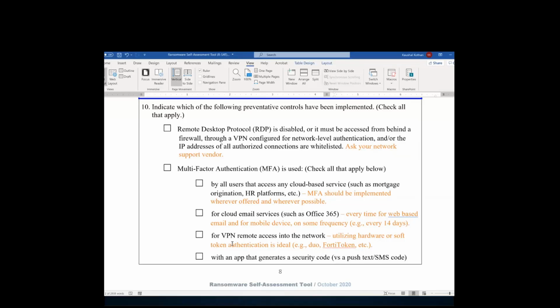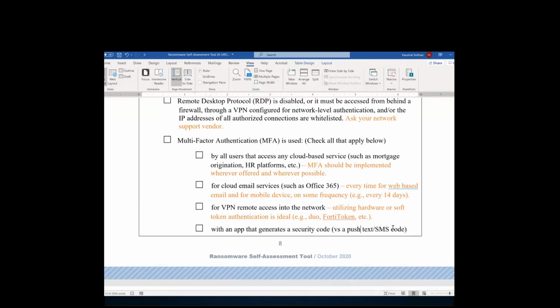And then VPN, remote access into the network, is utilizing a hardware or soft token, Duo, FortiToken, to VPN into the network. They do make a distinction here between using an app that generates a security code as opposed to an SMS code. There's been a large rise in SIM swap attacks, where hackers will contact your carrier and swap the SIM from your card to their phone, so they collect that push text notification.